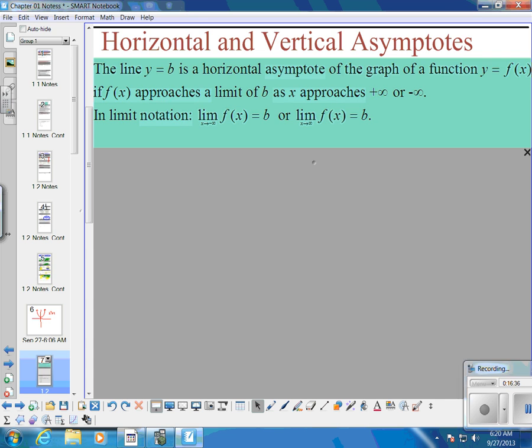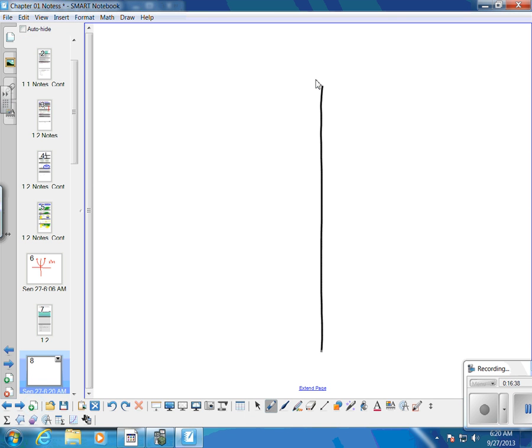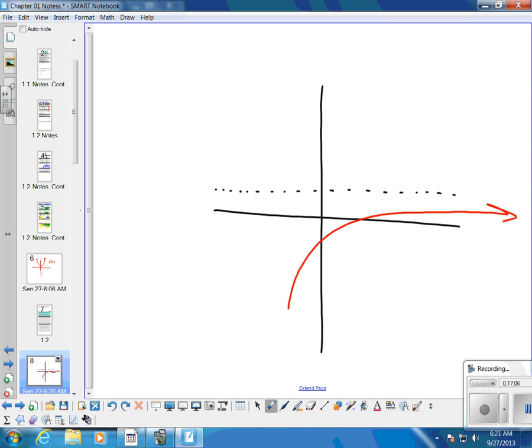So what you could think of is, if you had a function that looked like this. And let's just say, I'm not even going to draw the other part of the function. Let's just say that it never quite reached this imaginary horizontal line, because that's what an asymptote is.